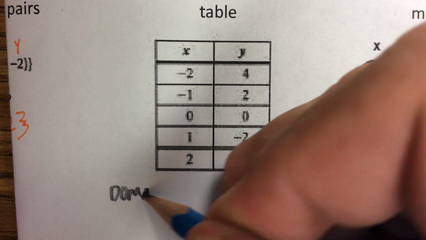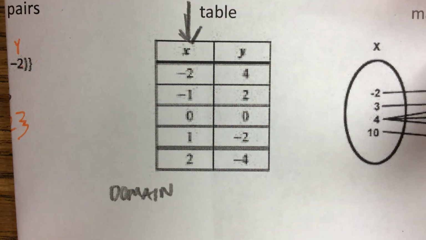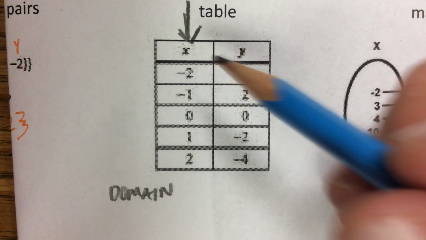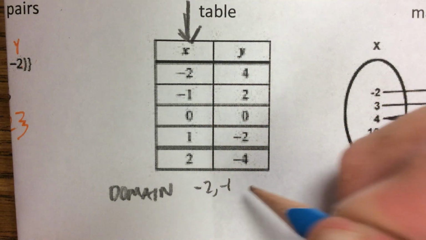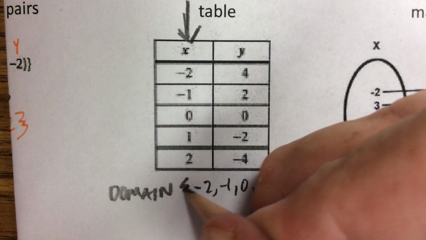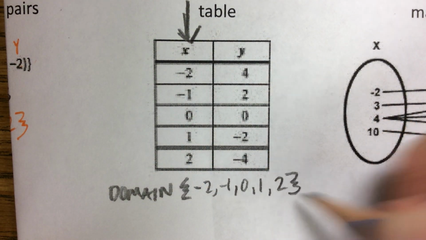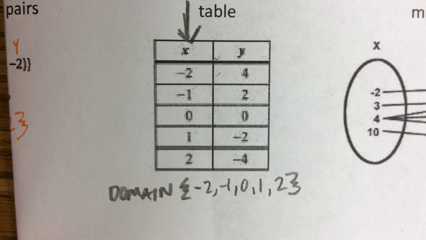So for the domain, which is going to be our x values, we're just going to write them in number order, starting from the smallest number to the biggest number. So I got -2, -1, 0, 1, 2. And I want to make sure that I put it in the brackets. So this tells me all the possible x values for this relationship.